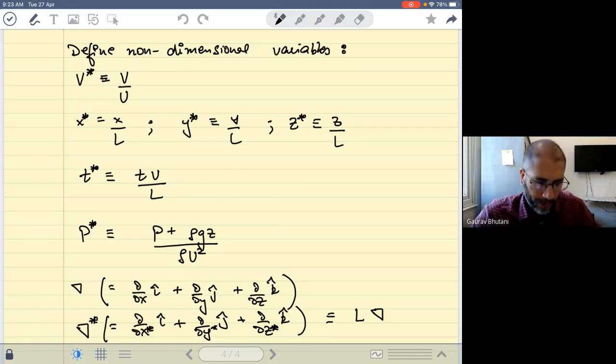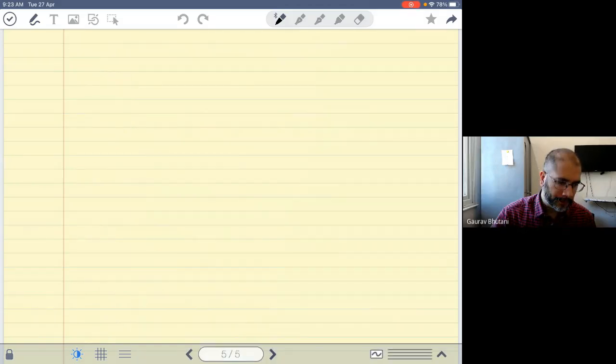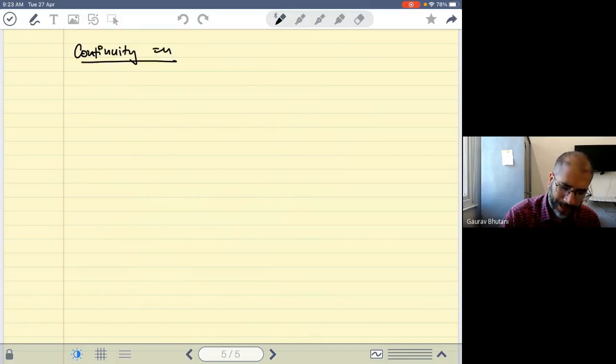Now it's just a matter of non-dimensionalizing our continuity and Navier-Stokes equations. So let's do that. Now the continuity equation, let's expand this.